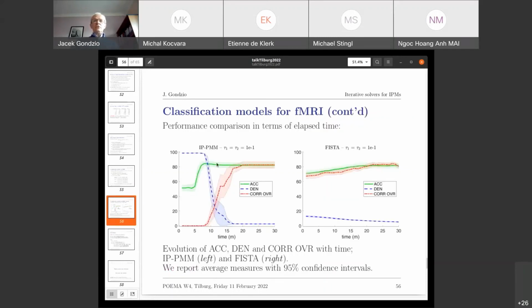Now, it's very interesting to see how these features are revealed when the algorithms progress. Here is the behavior of interior point method, and here is the behavior of FISTA. So maybe I'll start from FISTA. If you use FISTA, very quickly you will obtain a reasonably accurate solution with density of about 15%, and correlated overlap about 70%.